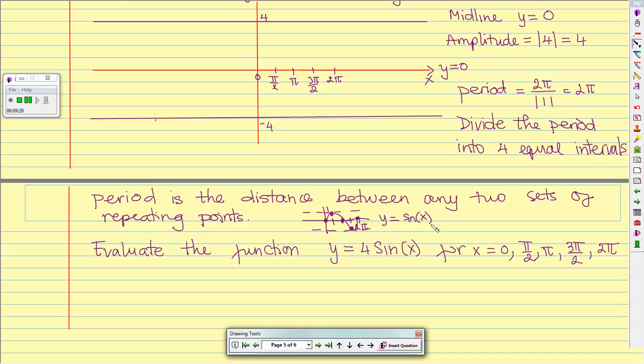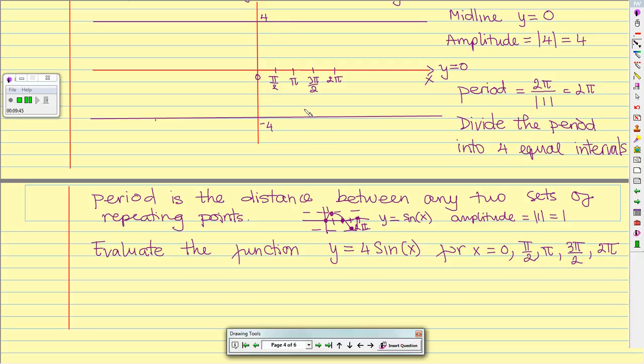So the amplitude for the parent function is 1. So amplitude is absolute value of 1, which is 1. But the amplitude for our given transformation is 4. So now you see your y maximum and your y minimum are not going to be 1 anymore.